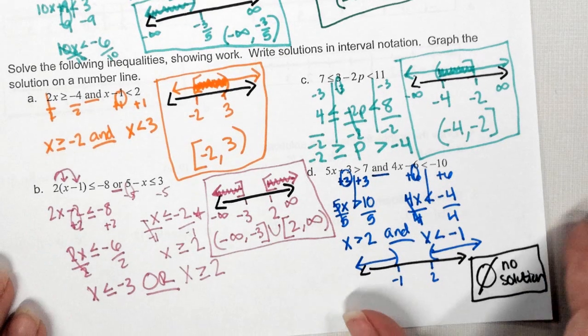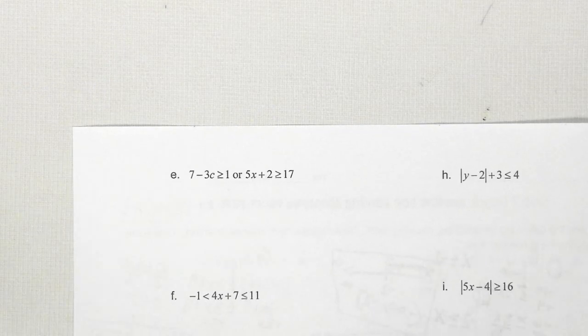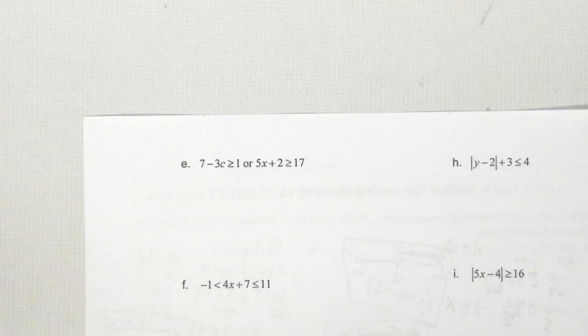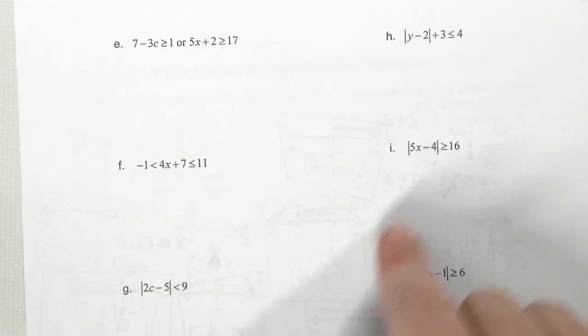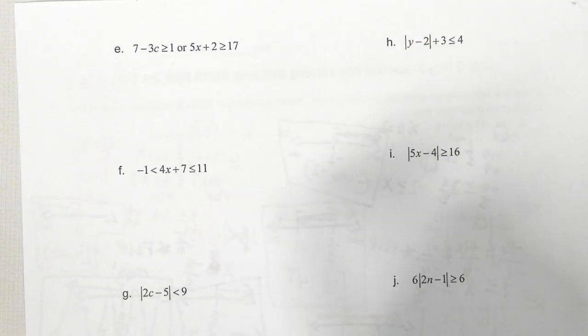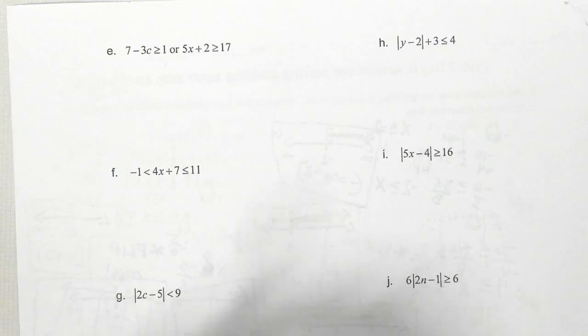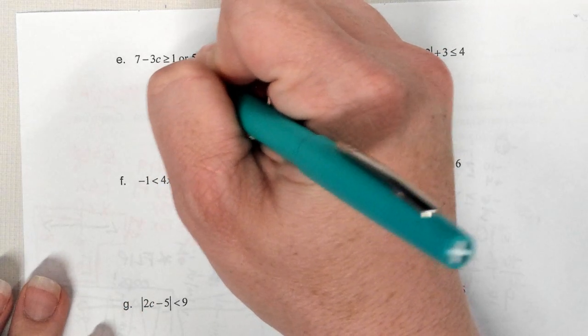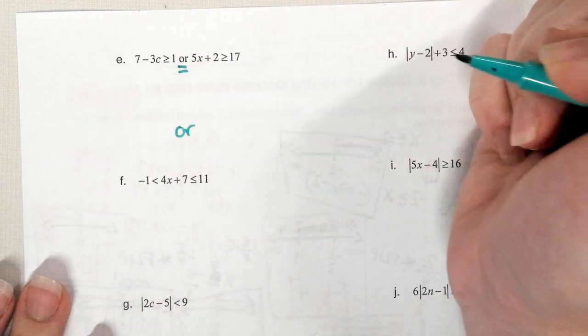Okay, let's move on to the back. We have another OR problem, and then we're throwing in some absolute values. So here at E, it's an OR problem. Bring down the OR so I don't forget.